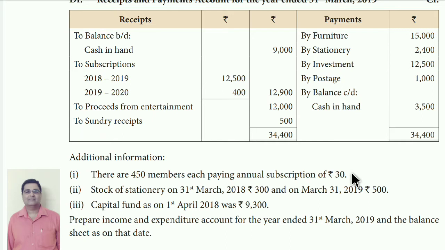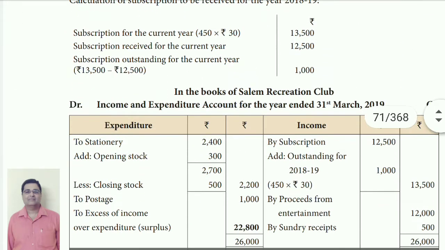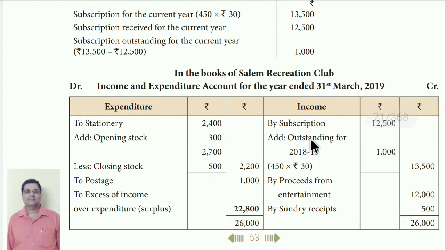So 450 members, and every member gives 30 rupees. So 450 into 30 rupees, 13,500 is the income. Now how to write this? See here in the income side, 450 into 30 is the total 13,500.